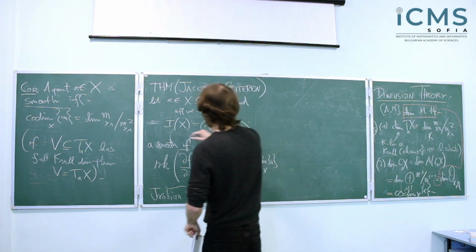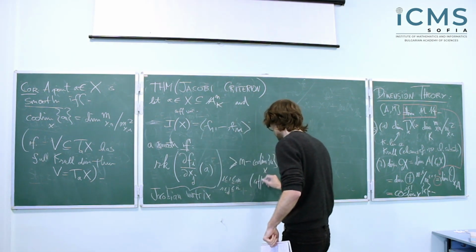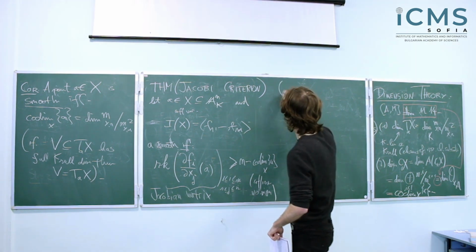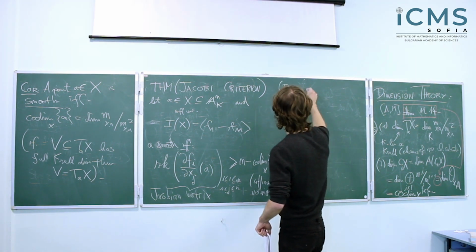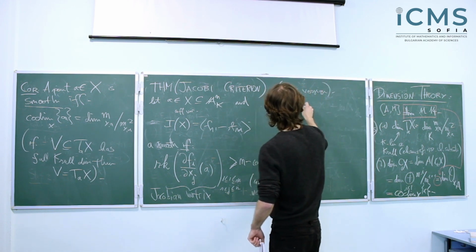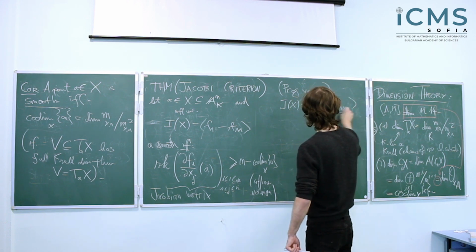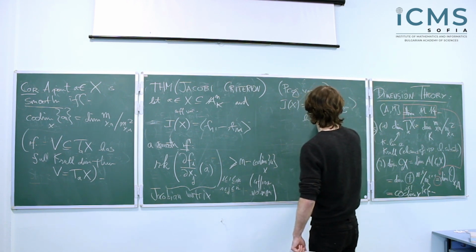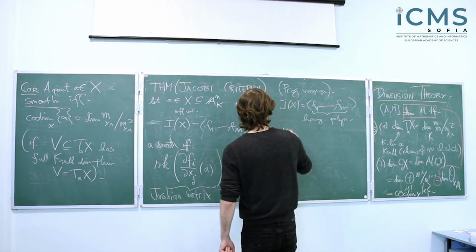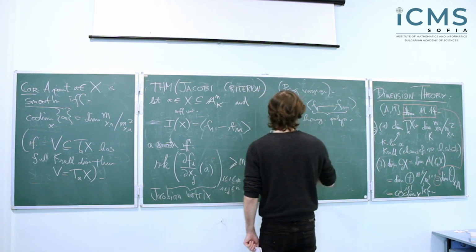Let's see, where could I put the affine version? So the projective version starts off the same way, but we want these to be homogeneous polynomials. And the formulation is mostly the same.